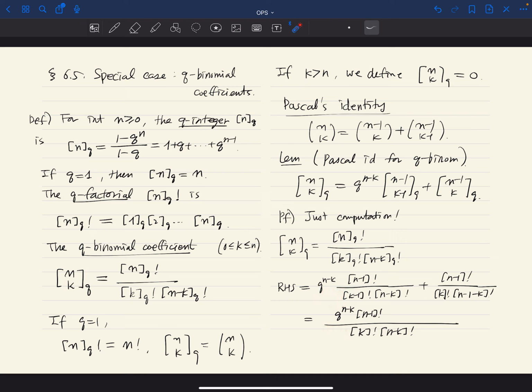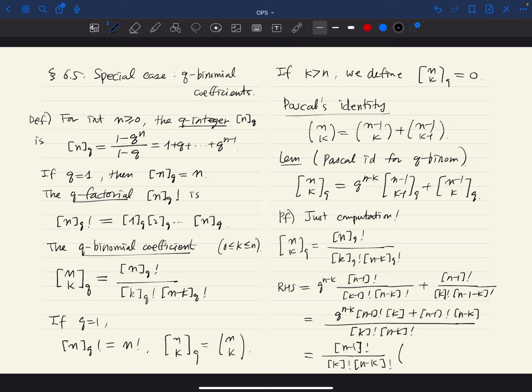So we have to multiply k above too. Just k, not factorial. And also here, n minus 1 factorial, and we multiplied n minus k here to make this. So it's going to be n minus k. But now we can factor out k factorial, n minus k factorial, n minus 1 factorial.